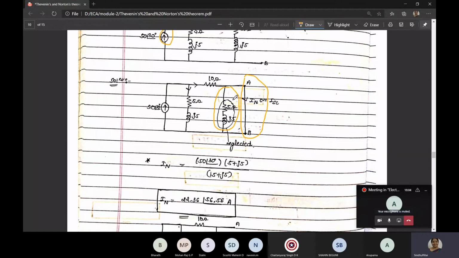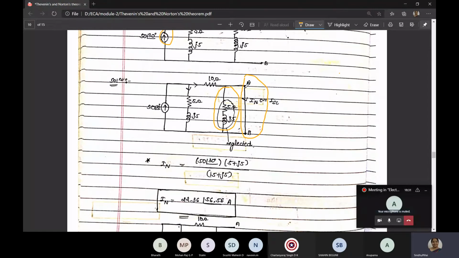This branch will be completely neglected. Can you think of what the reason will be? The reason is that there is a short circuit in front of this branch. Whatever current comes after the 10 ohm will take the path of least resistance. Which path has zero resistance?